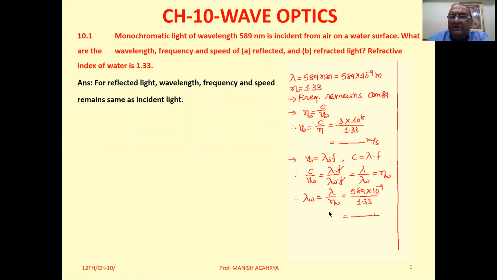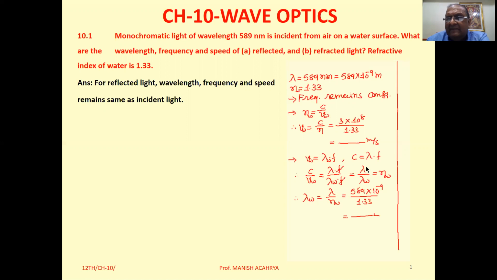Now wavelength. Velocity is lambda into F. So in water we can write V water is lambda water into F, and in vacuum C is lambda into F. So we can write C upon V water is lambda F upon lambda water F. F cancels, so lambda upon lambda water, and as per definition C upon V is refractive index.